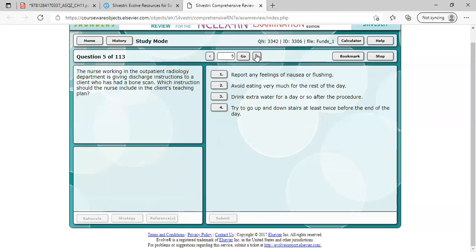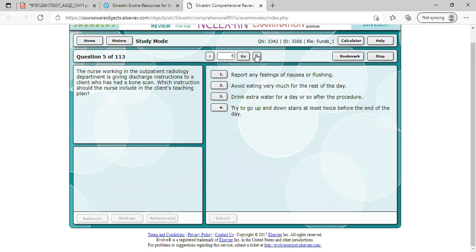What next? Next, the nurse is working in an outpatient radiology department and is giving discharge instructions to a client who has had a bone scan.